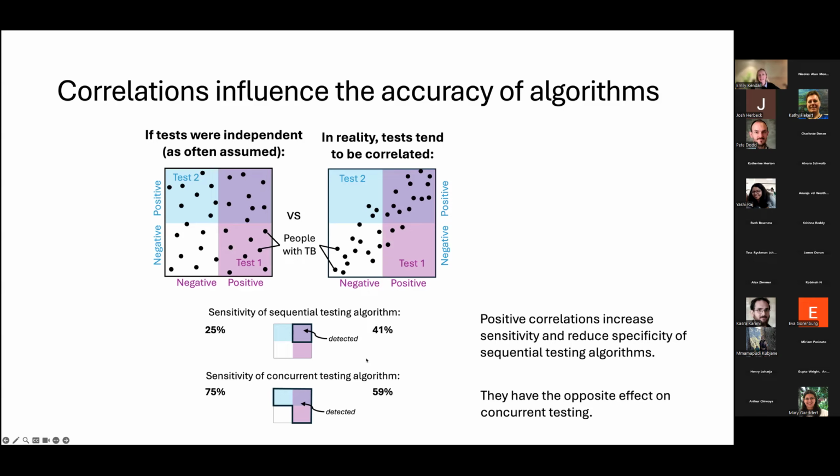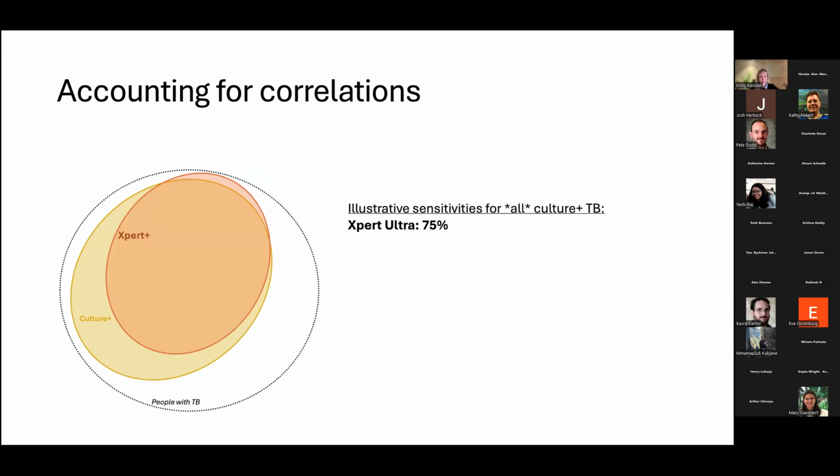It increases the sensitivity of the sequential algorithm to around 40% in this example, and conversely decreases the sensitivity of a concurrent algorithm. If you're thinking about specificity, it would have the opposite effects: decreasing the specificity of a sequential testing algorithm and increasing specificity of a concurrent algorithm.